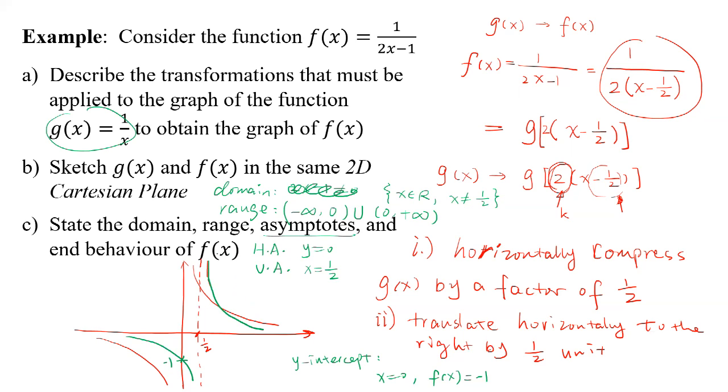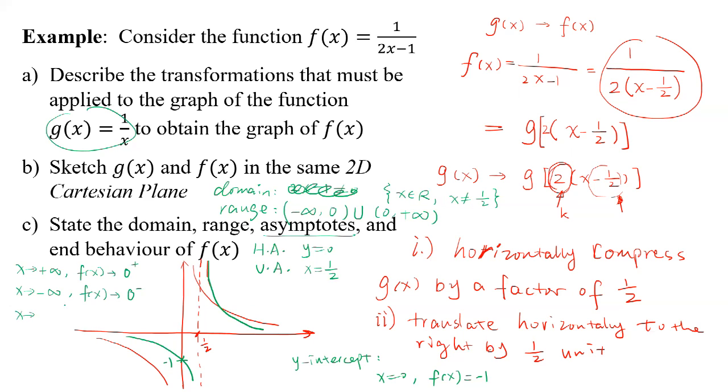Okay, and the end behavior is when x approaches positive infinity, f(x) approaches 0 from the positive side, right? And when x approaches negative infinity, f(x) approaches 0 from the negative side, right?